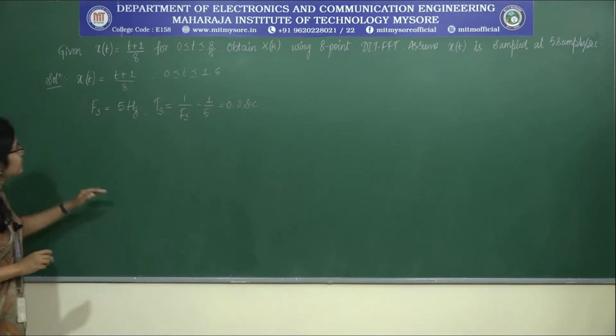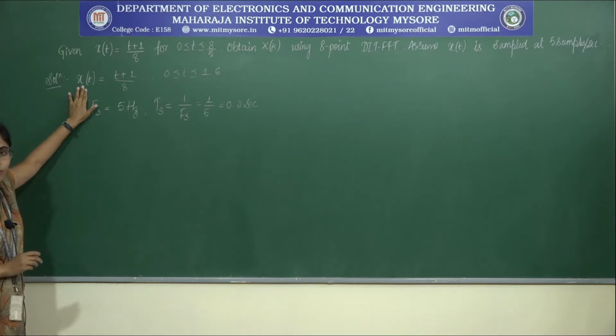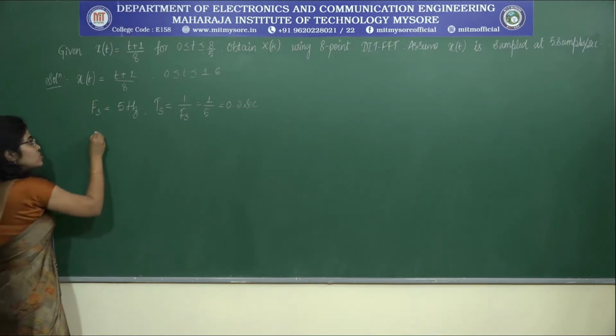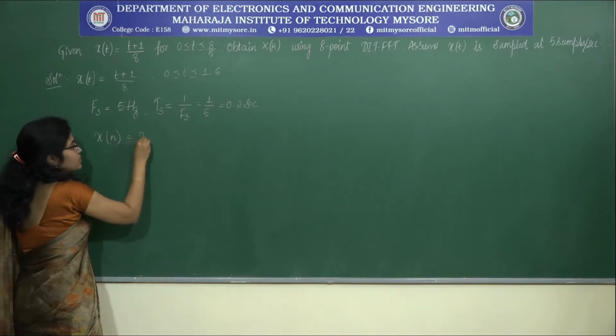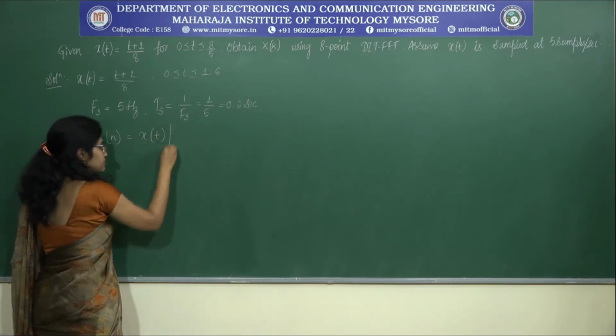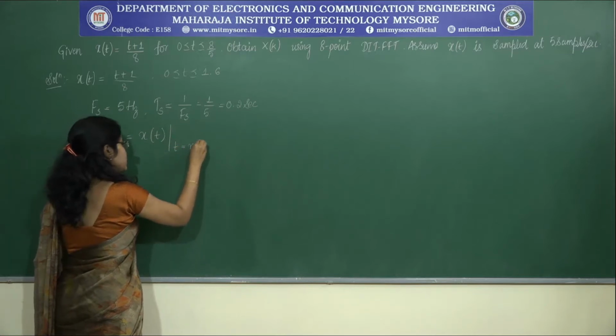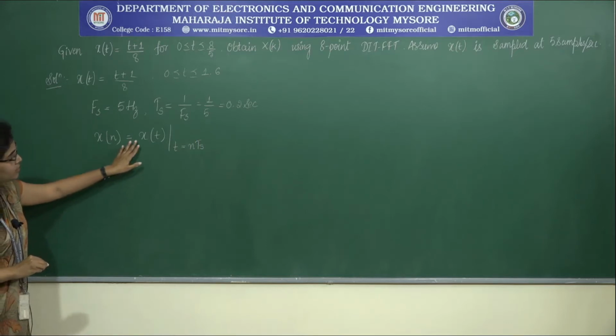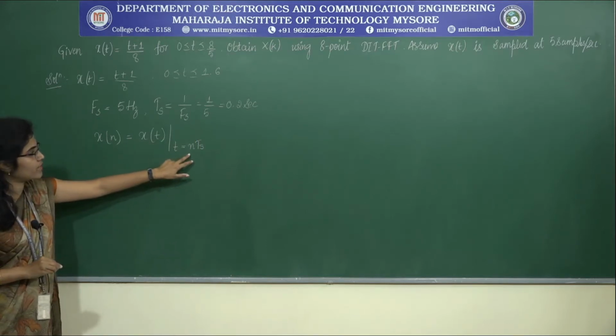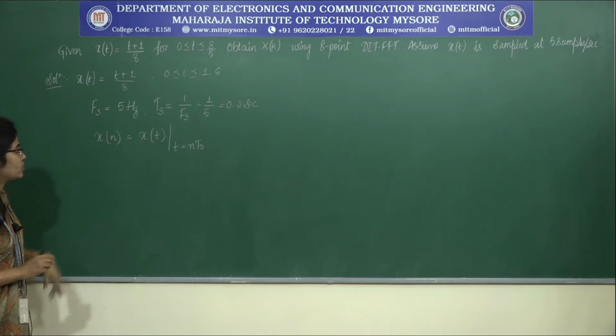Now if I write the sampled version of x of t, so x of n, the sampled version, is equal to x of t, where t is equal to n into ts. Now let me expand this by substituting the values of n and let us see what we are going to get.